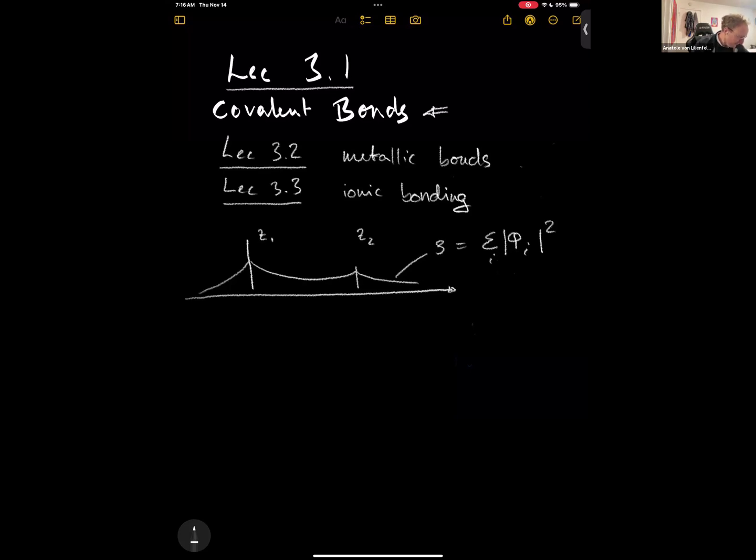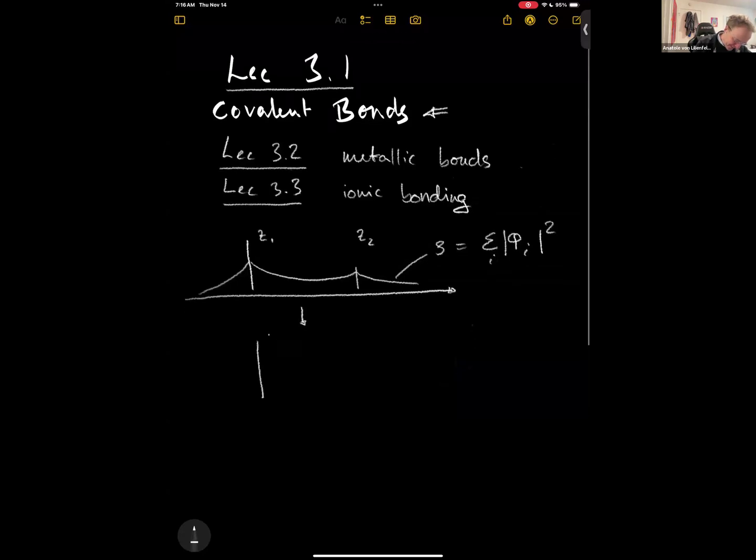Now, there is the question then, as you walk through chemical compound space, meaning you're changing your nuclei to some other combination, maybe at a different distance.